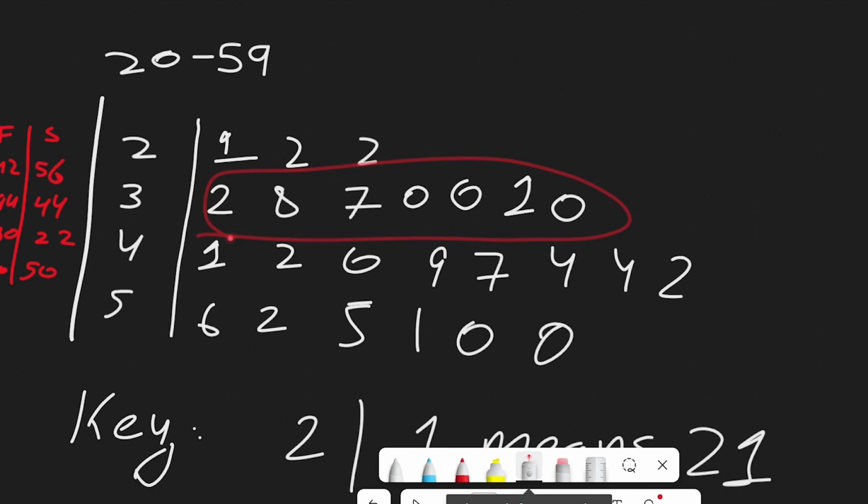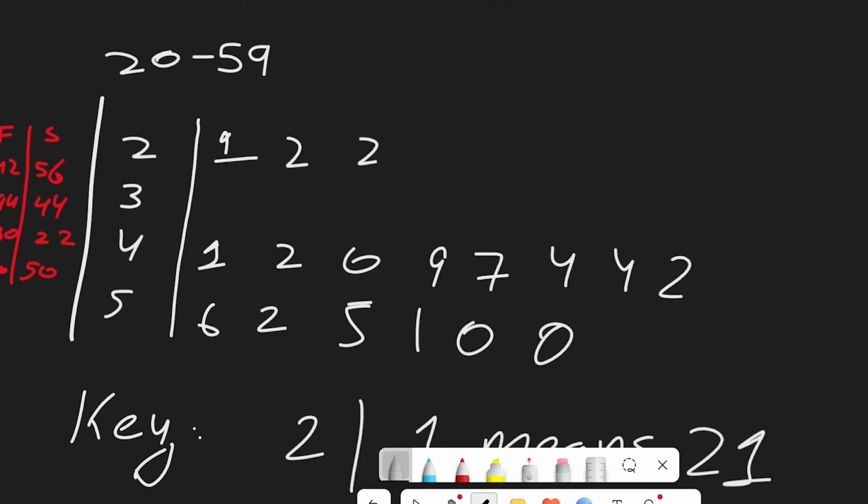We have 3 zeros, 1278, 3 zeros, 1278, 3 zeros, 1278. Next we have a 0, then 1 2 2.